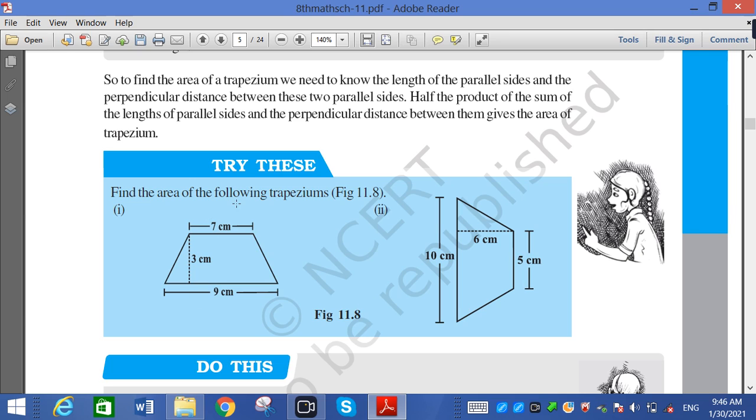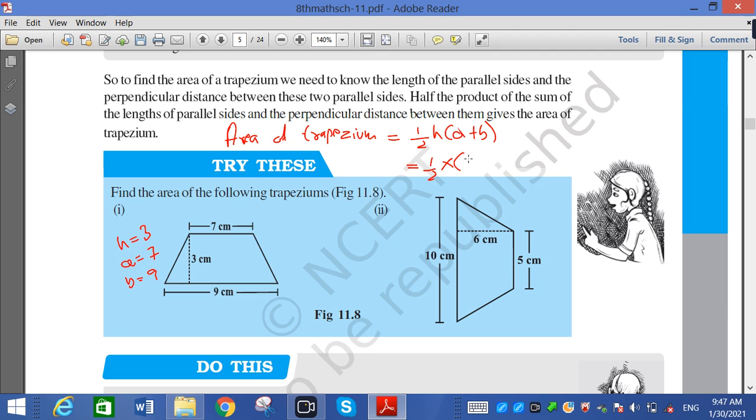Find the area of the following trapezium. Area of trapezium is equal to half into H into A plus B. So 1 by 2 into height H, here H is equal to 3, A is equal to 7 and B is equal to 9.